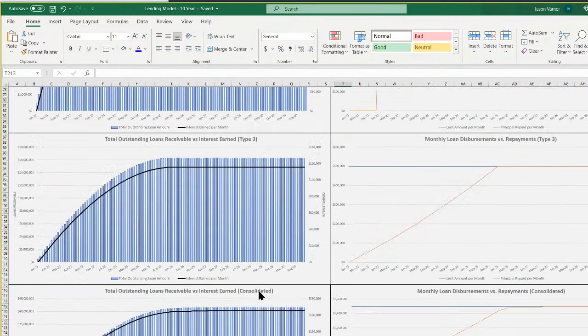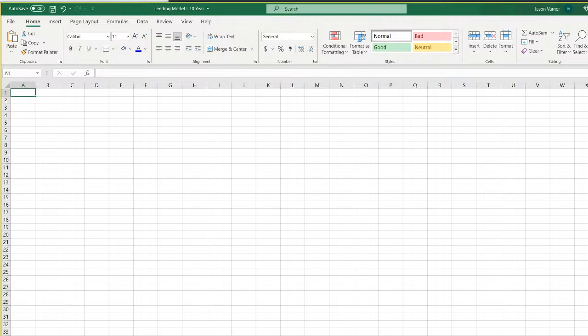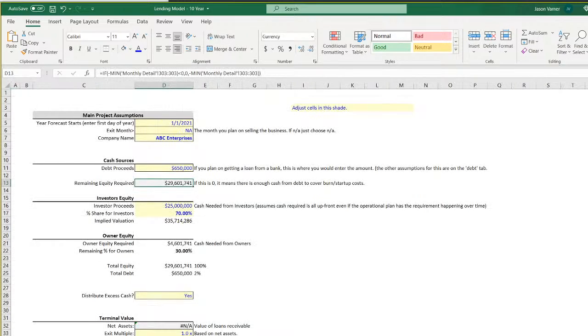So, I'm trying to think if there's anything else I want to put in here. I'm going to add an index page to the template, definitely, which will just explain what each tab is about. I'm not going to do that on the stream though. We got our control, explains financing, funding sources, start year, exit if applicable.